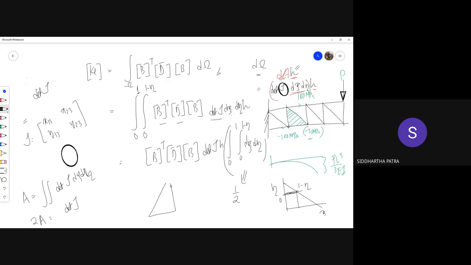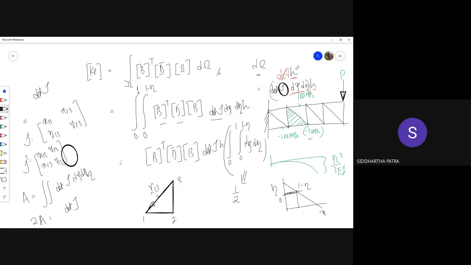Now, in the physical coordinate, let's say these are the nodes 1, 2, and 3. And this one, let's say, is the R13 vector. If I write J transpose, this is how it looks: x13, y13, x23, y23.